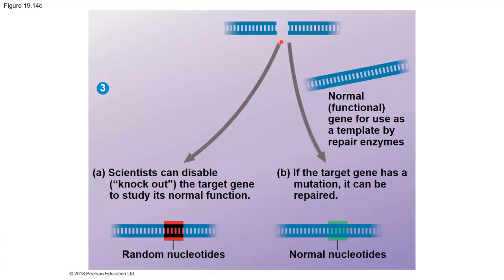Inside the cell, the DNA should not be cut like this. So once the DNA is cut, the DNA repair systems, which are proteins and enzymes, will try to fix this damage.